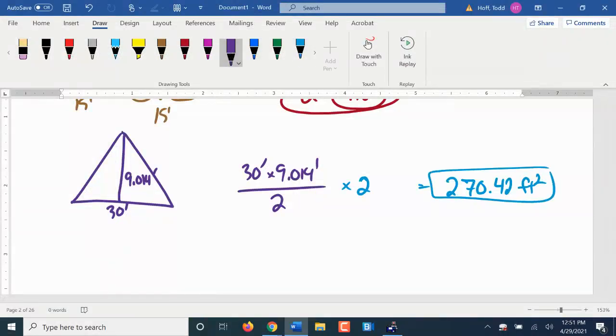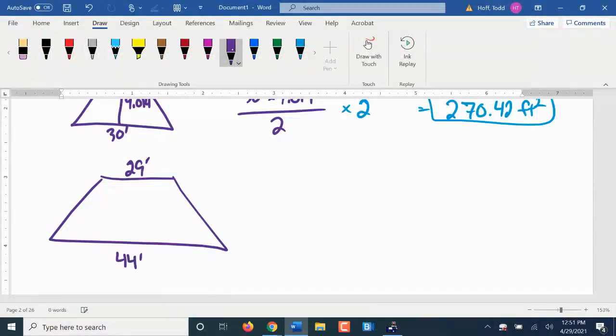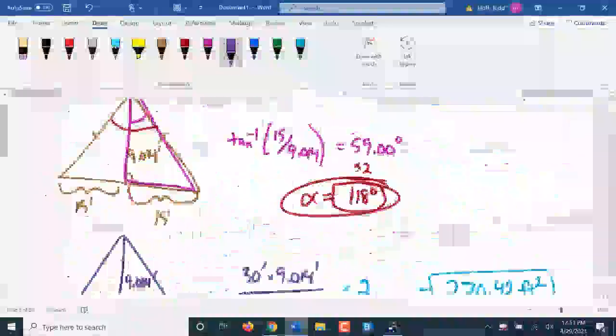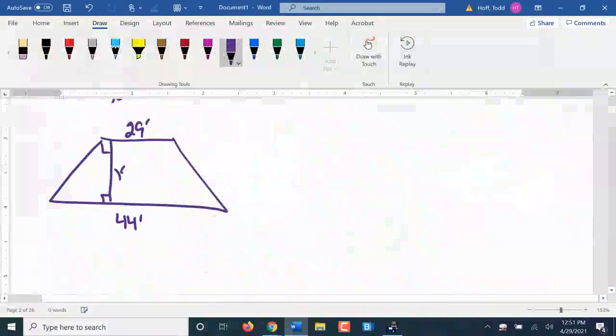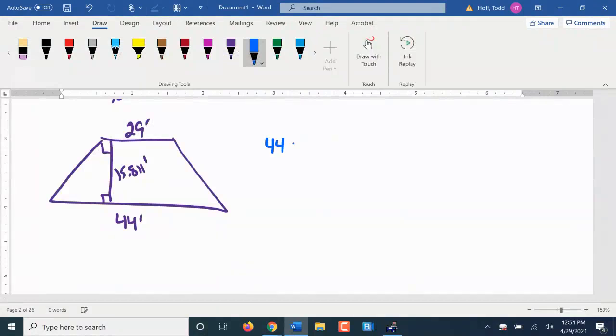Next, we have the two trapezoids. We know this ridge up here is 29 feet. The bottom has a run of 44 feet. And our common rafter length that we found of 15.811 feet. The area of a trapezoid is the average of the bases.